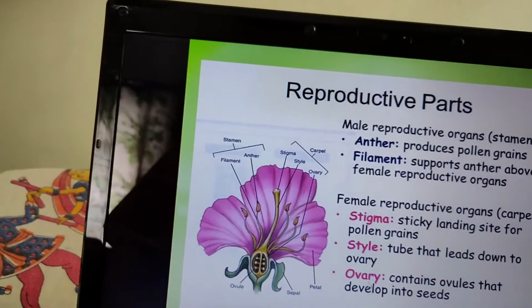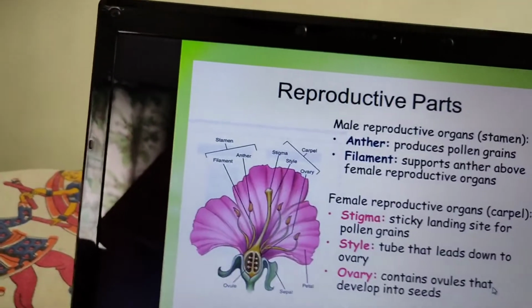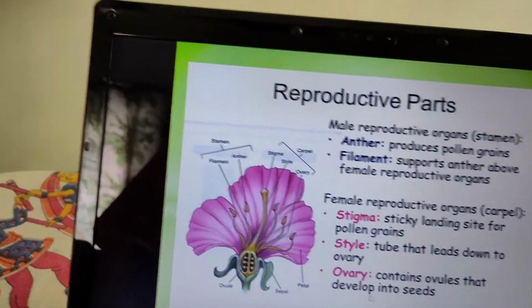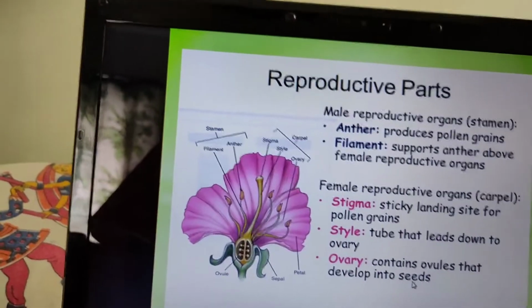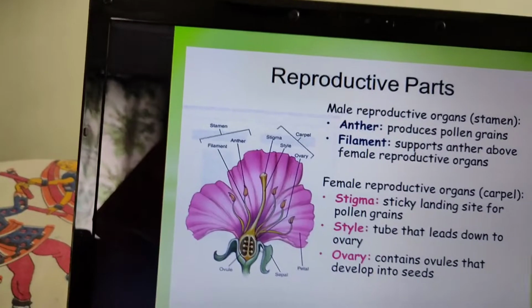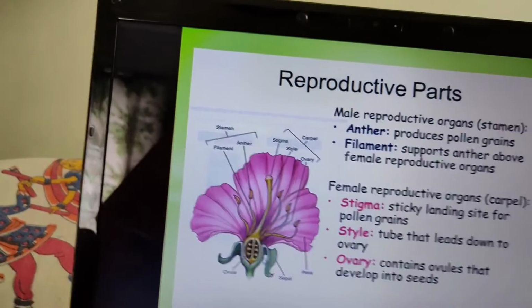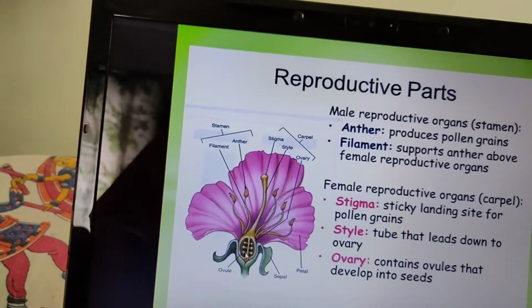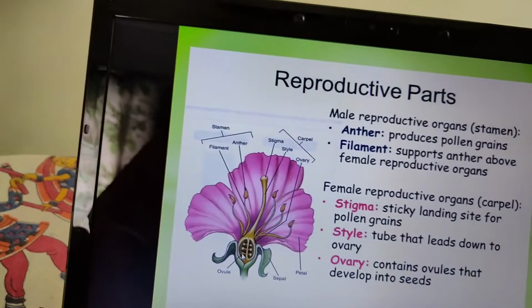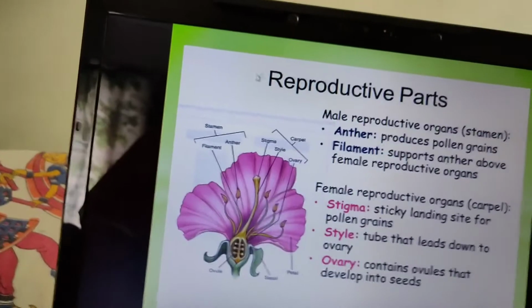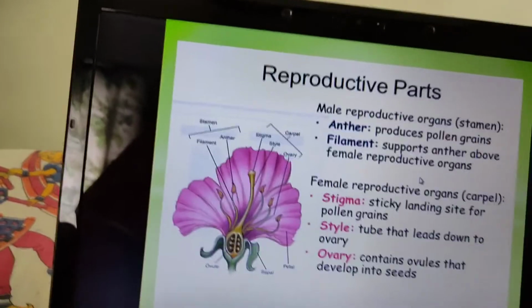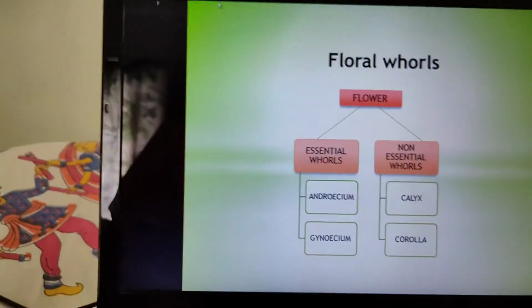The last part: the ovary contains ovules that develop after fertilization. The ovary portion transforms into fruit, and the ovules transform into seeds. So we know about the reproductive parts of a typical flower.